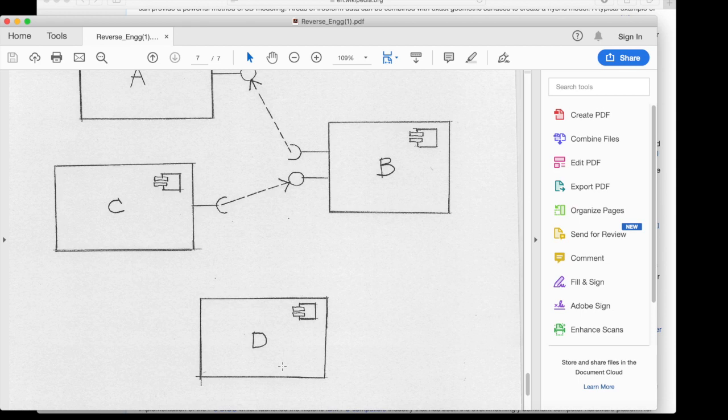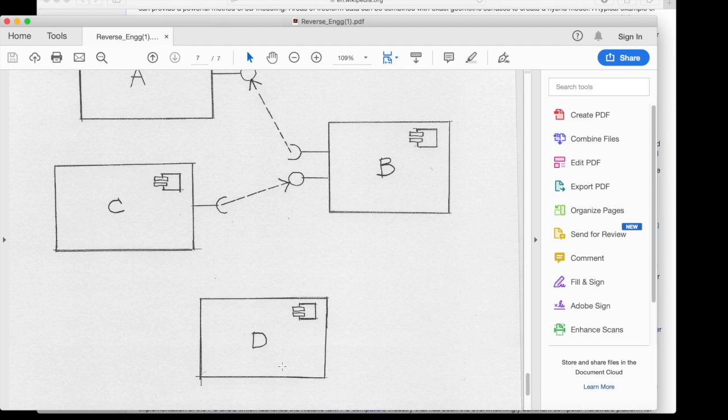Okay? So that is reverse engineering, and probably most of you will have to look at the source code, draw the class diagram, find out which class communicates with another class, then make boundary lines among classes that are collaborating or are strongly related to each other.